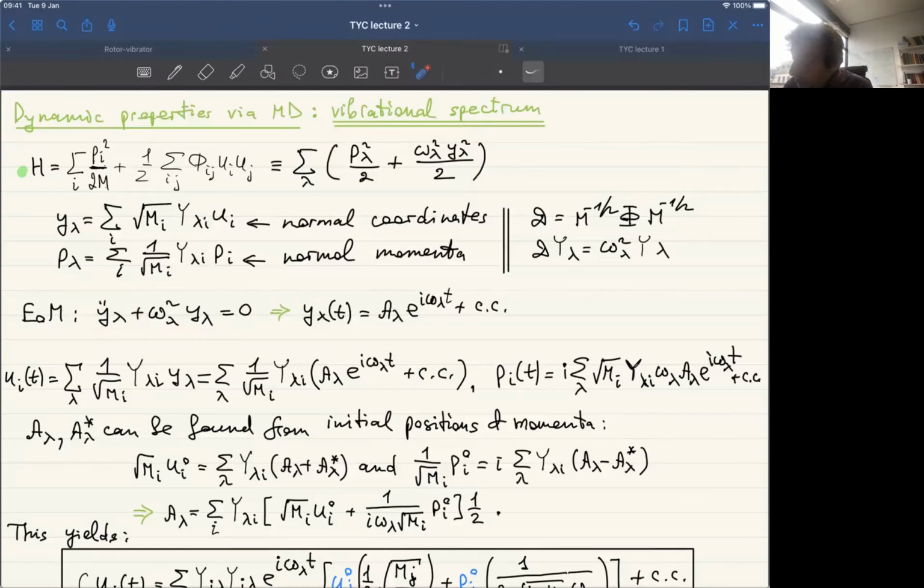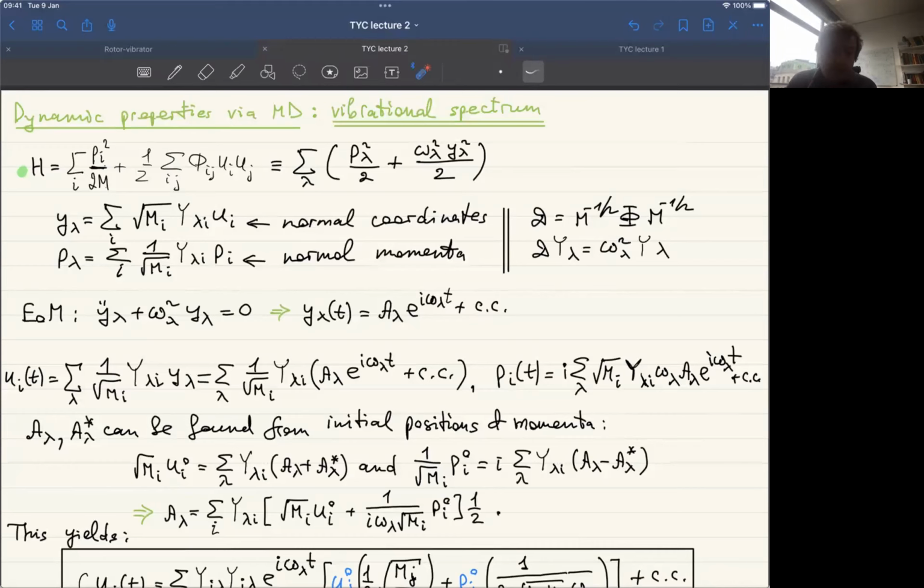And solving this equation of motion, you obtain an explicit classical function of how this normal mode depends on time. What we do not know is this constant a lambda and its complex conjugate a lambda star, because these are to be determined from the initial conditions.